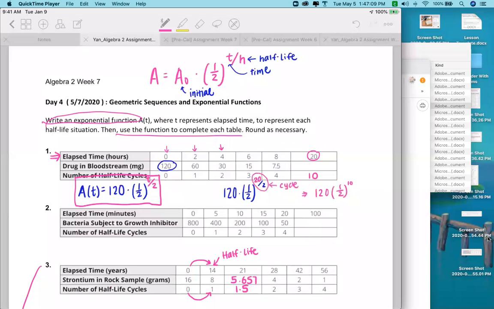Why don't you guys put it in, write down your answer and type it in the chat so I know what's going on.